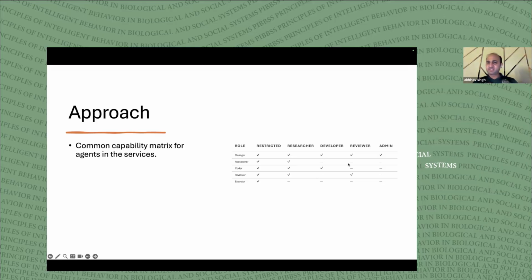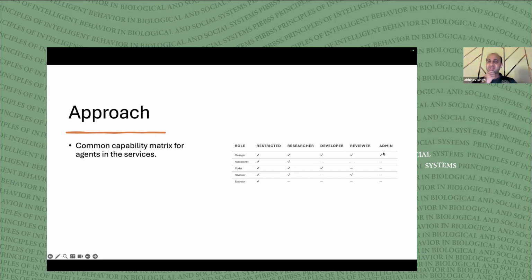Now, if you see here, other than the manager agent, not every agent has the same capability. So the goal here is to see, if the researcher is the agent that gets compromised, can this agent perform actions of a manager? For example, things like admin-level privileges.